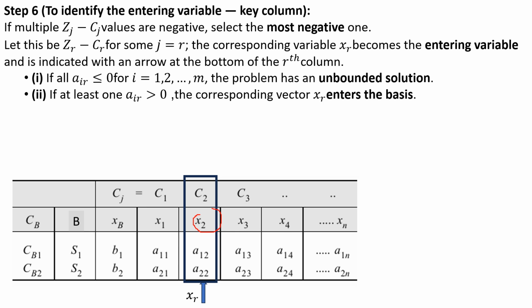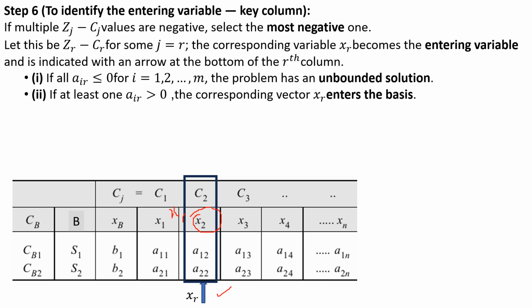If multiple Zj minus Cj values are negative, then we have to select the most negative value. So let this Zr minus Cr, from j equal to r, the corresponding variable, let us consider Xr, becomes the entering variable and is indicated with an arrow at the bottom of the rth column.